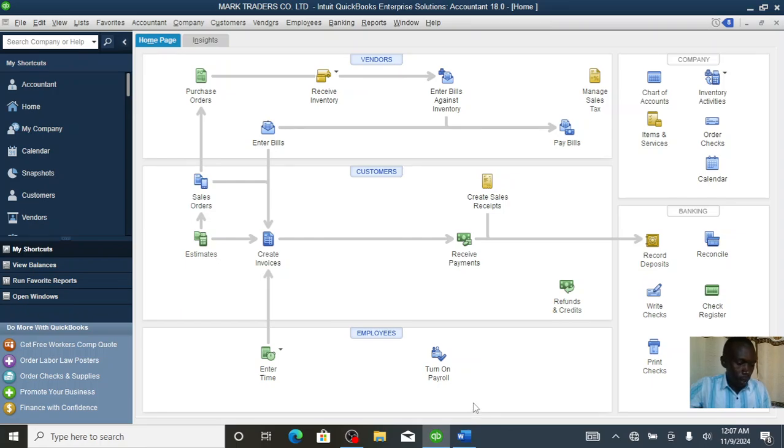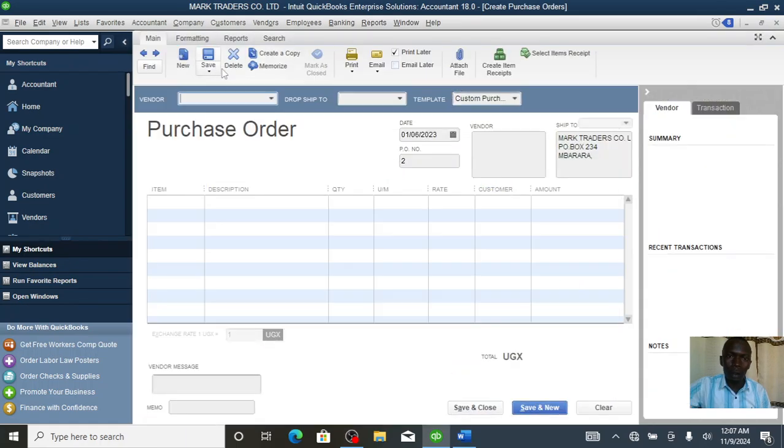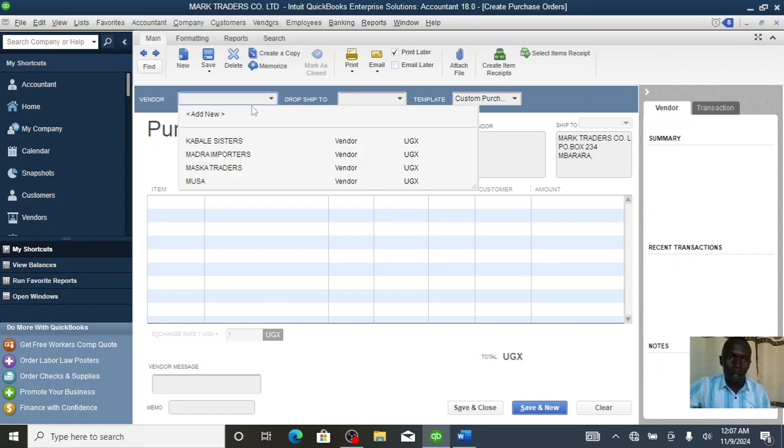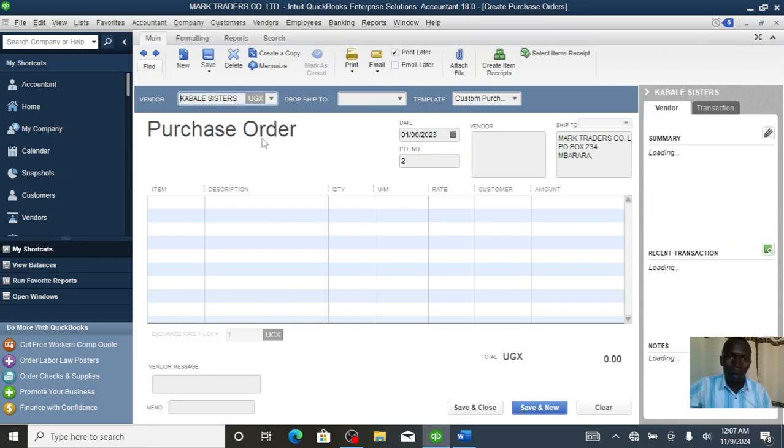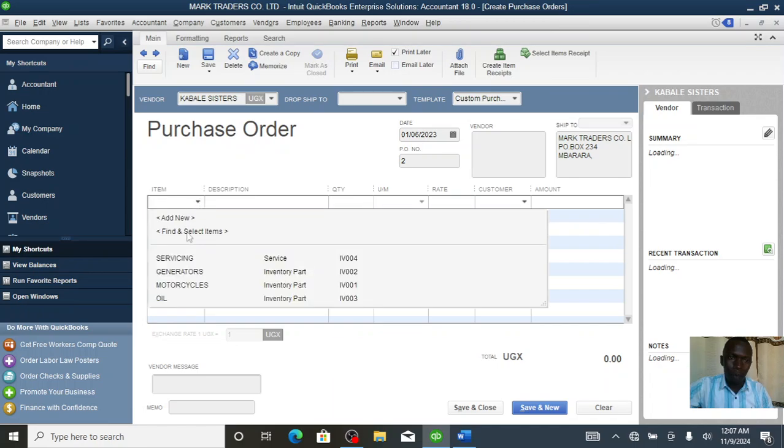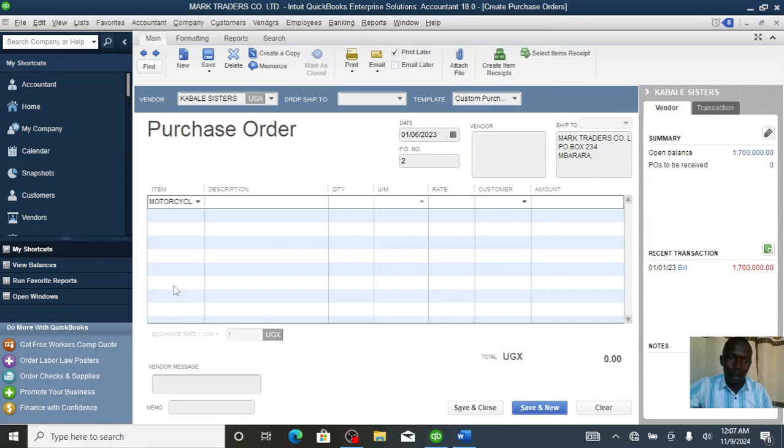Then we go back to the next transaction. On 7th, bought 8 motorcycles by check from Cavalry Sisters Limited and made half payment. Bought, we go to purchase orders. Our vendor is Cavalry Sisters. The item is motorcycles. Our quantity was 8.